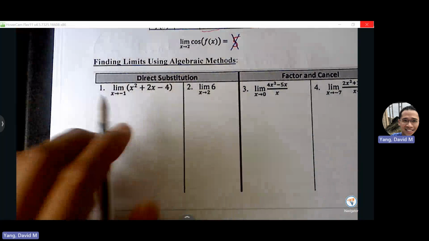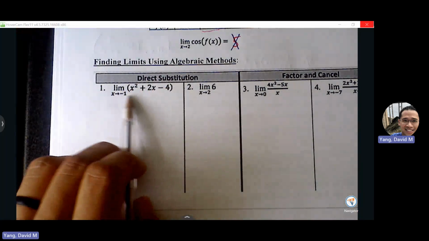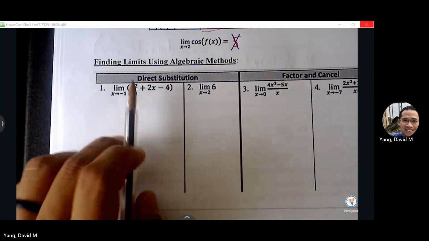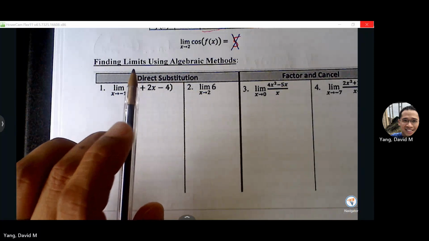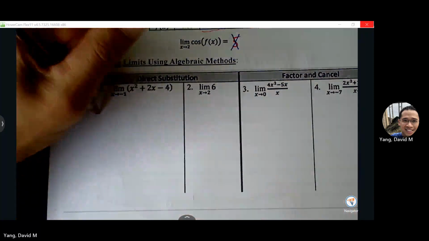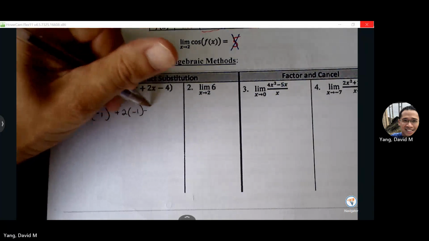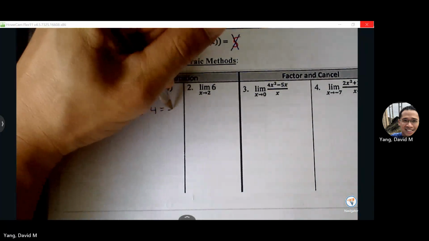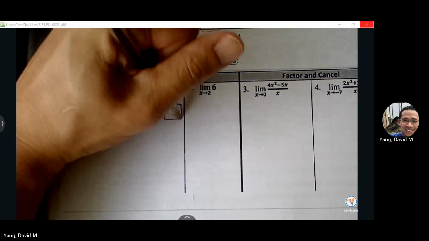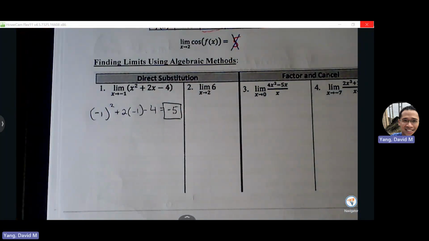Okay, so let's go ahead and just plug -1 in. If I plug -1 in for x, I get -5. So what this tells us is that whenever you want to find a limit, if you can do direct substitution and get a real number in return, that's your limit.